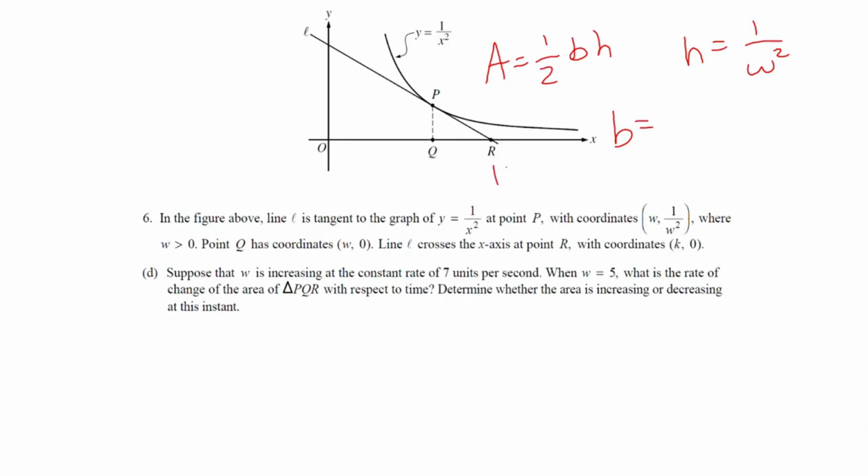This is the point K, 0, and this is the point W, 0. So the distance between those is just K minus W. And so our area formula ends up being 1/2 of K minus W times 1 over W squared.